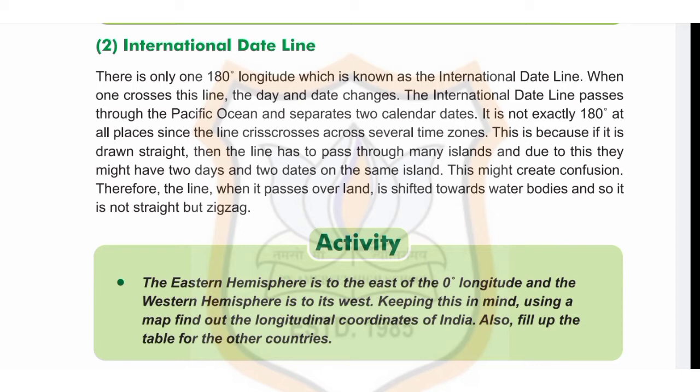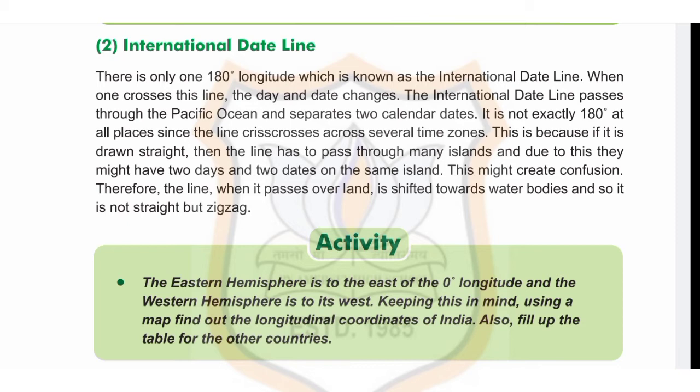Now, the shape of the IDL. The IDL is supposed to be straight, but it is not. At quite a few places, it is zigzag. When drawn straight, this longitude passes through many islands of the Pacific Ocean. Hence, when the line passed through such islands, the locations there had 2 days and dates.